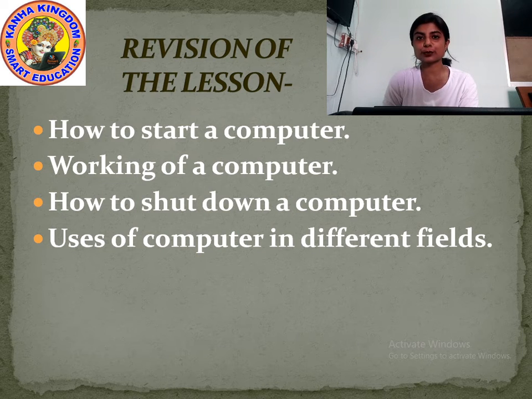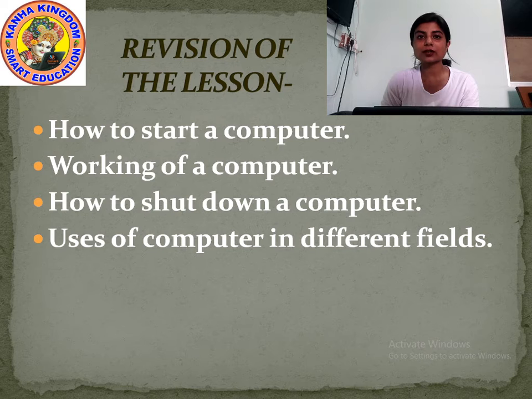That is output. Okay? Then how to shut down a computer? After working on a computer, how will you shut down a computer? The first step is to click on the start button. Where will you get the start button?